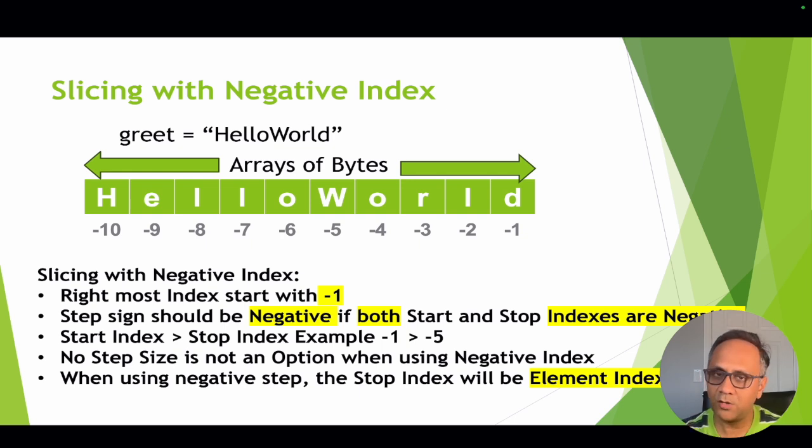When you are using positive index but negative step size, then your stop parameter will be the last index -1. The same is true for the negative index also. When you are using negative index, the stop parameter will be the last element index -1. Hope it is clear, and it will be clearer when you see the example in the code. Let's go to the code and see the examples.